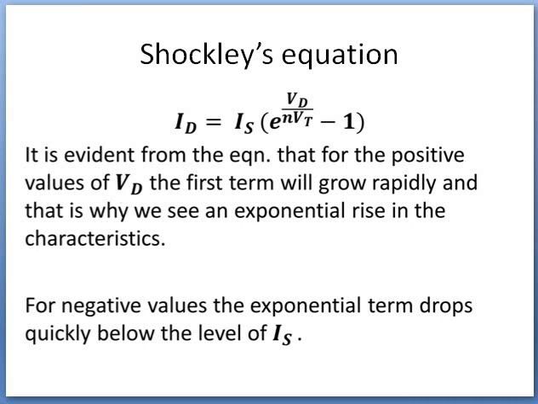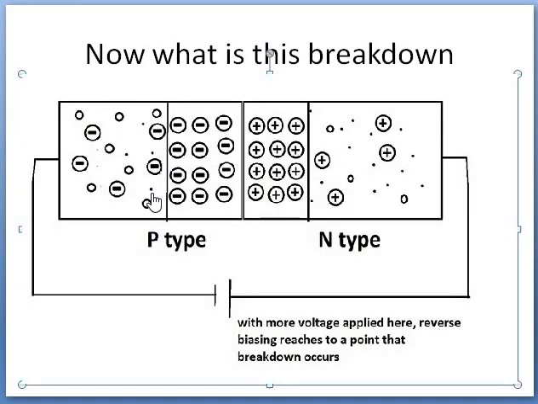Now let's jump on to the concept of breakdown. What is breakdown? These are the minority charge carriers stuck up in the region. As this reverse bias is increased, it is energetic enough, its velocity is increased, its kinetic energy is increased, it starts vibrating, and it strikes the adjacent covalent bonds, and it breaks them and creates more free electrons.